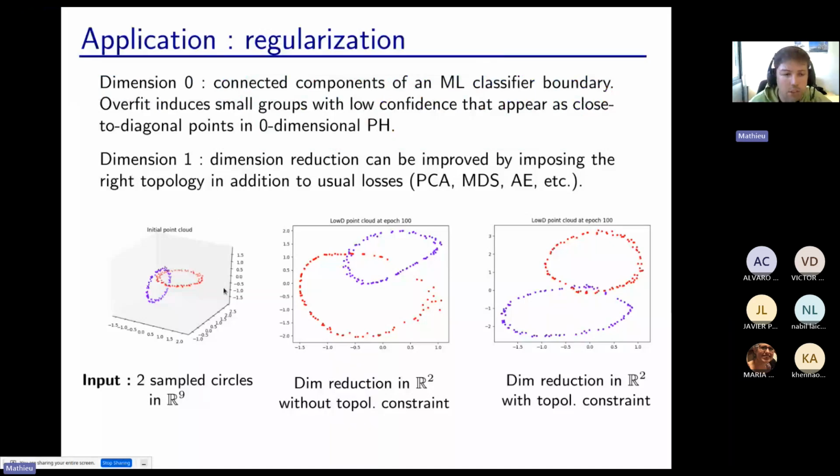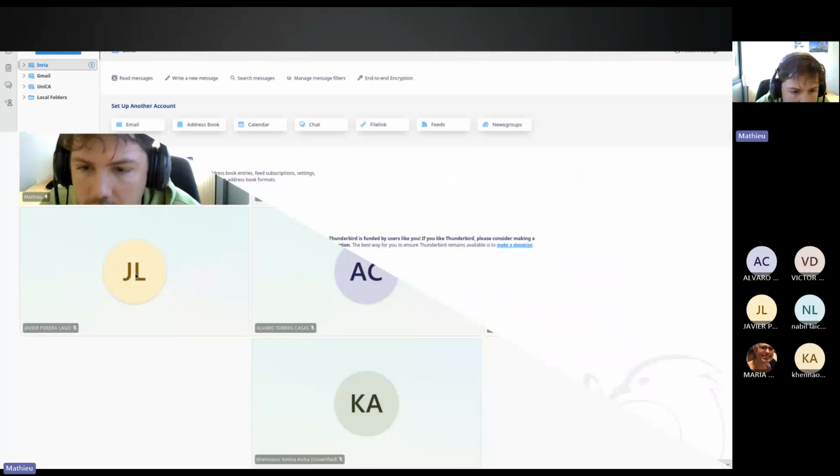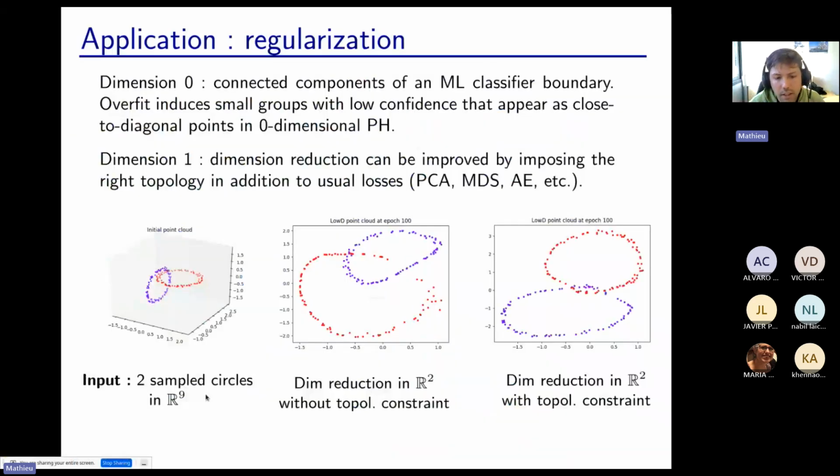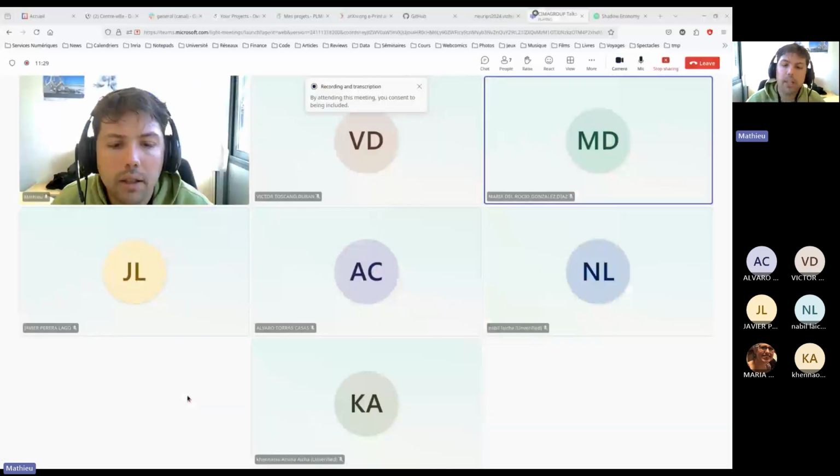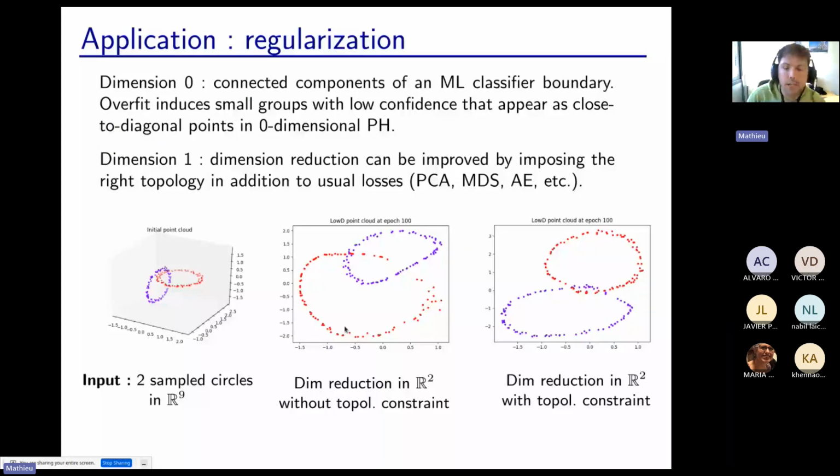This is an example where my original space is just two intricated circles. I'm drawing them in R3, but the original dataset is in R9. If I apply, for instance, an autoencoder, I get a 2D visualization of that, so I'm representing the points with just 2D coordinates.